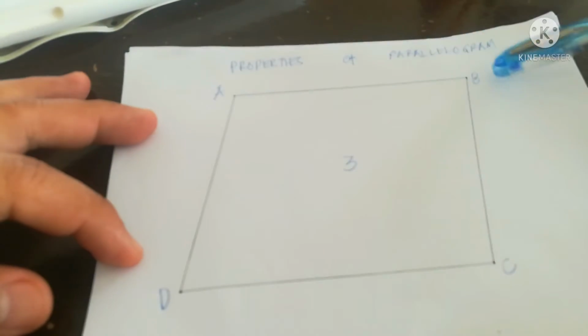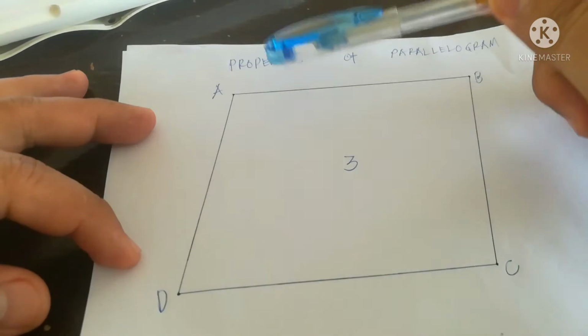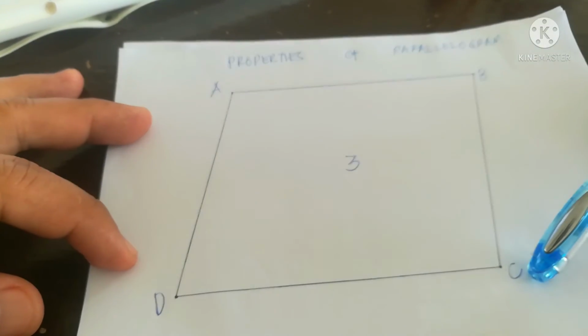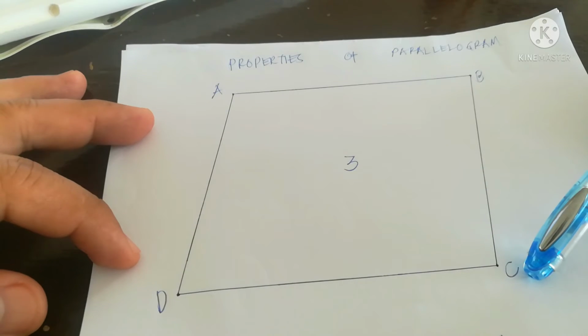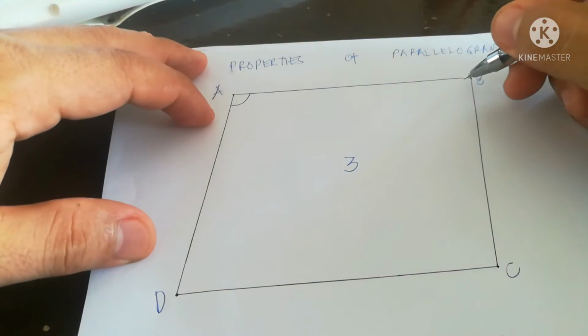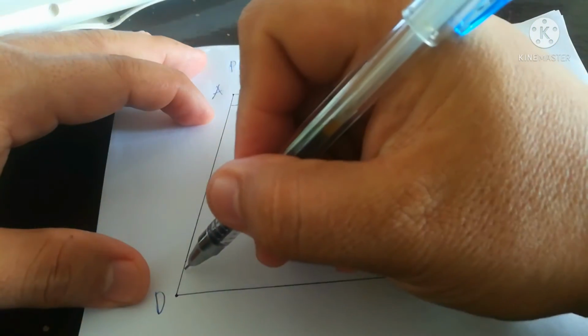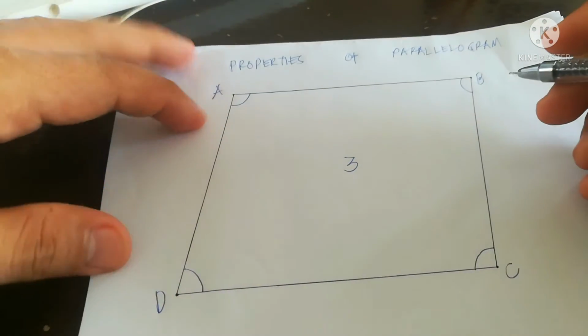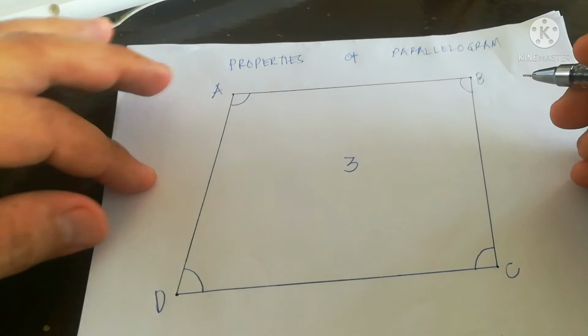Angle B. Pwede pod si angle D. Pero di sila kasunod ni angle C. So, consecutive angle of angle A is angle B or angle D. Consecutive angle of angle B, either angle A or angle C.